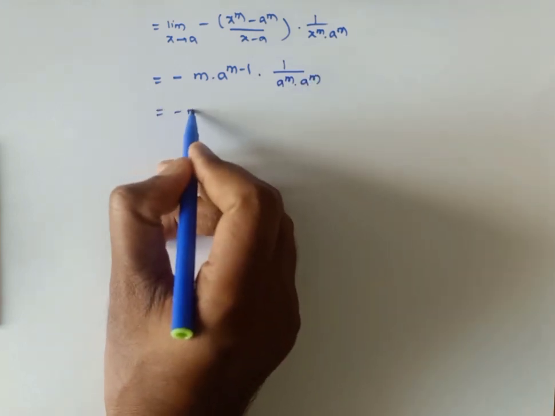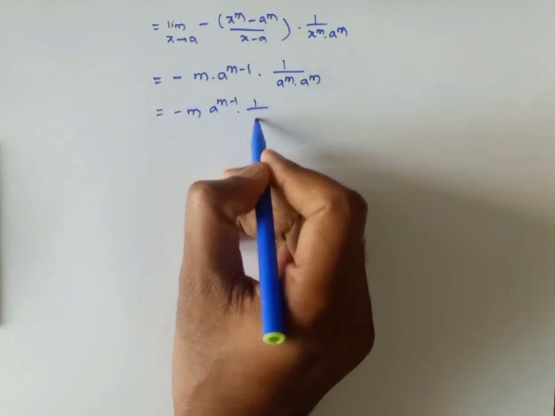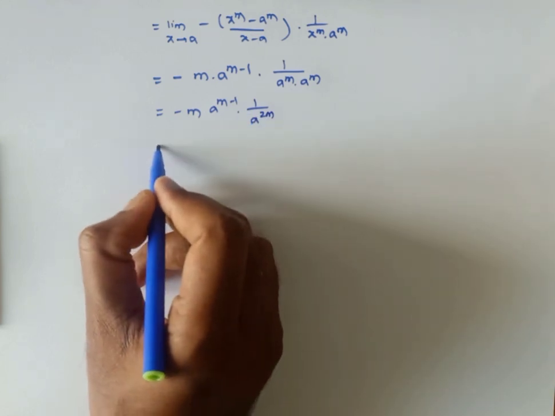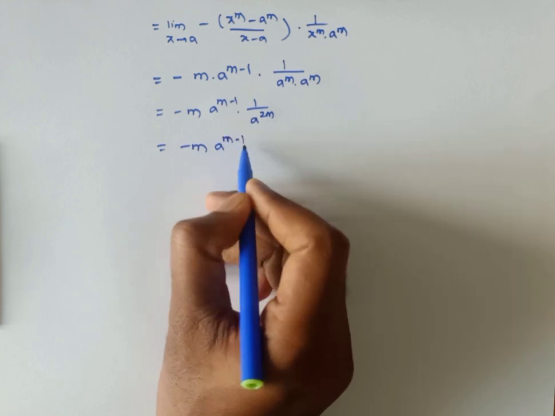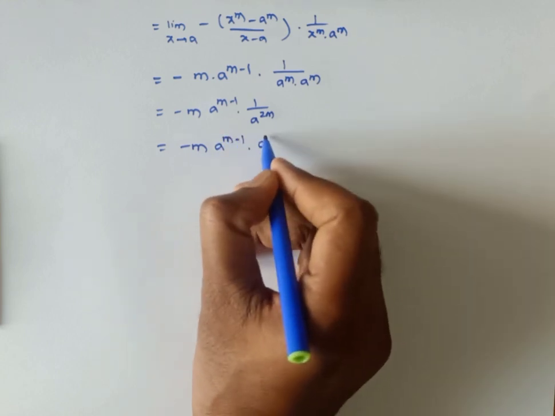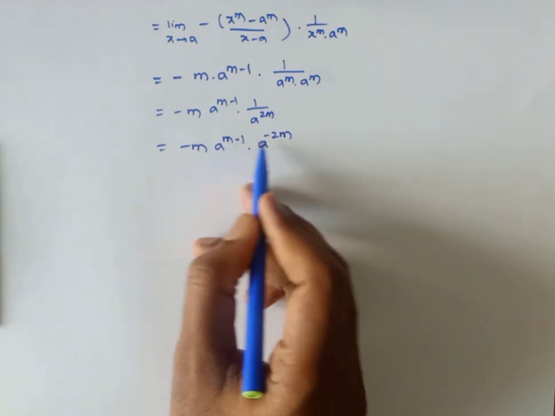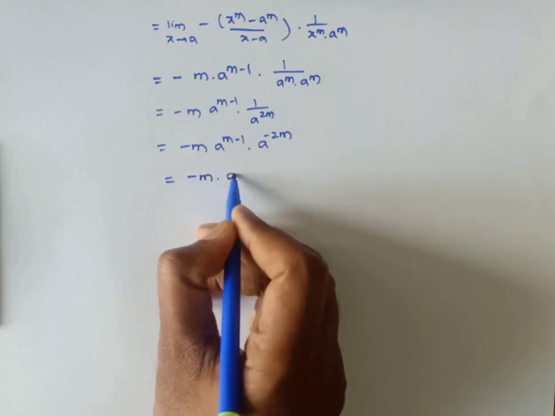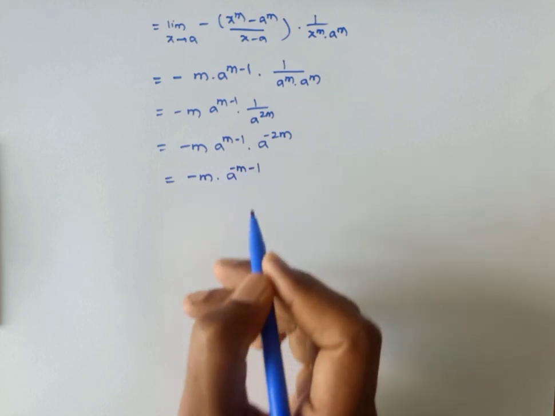Now this is 1 by a to the power of m into a to the power of m. Then it is minus m into a to the power of m minus 1 by 1 by a to the power of 2m. So this is minus m into a to the power of m minus 1 into a to the power of minus 2m. Here the bases are the same, so you can add the powers. So this is minus m into a to the power of m minus 1 minus 2m, that is minus m minus 1.